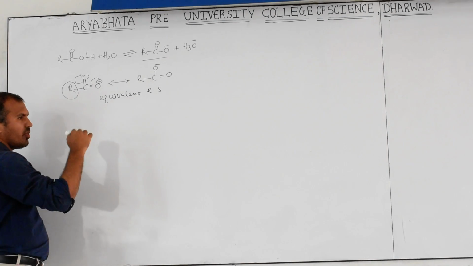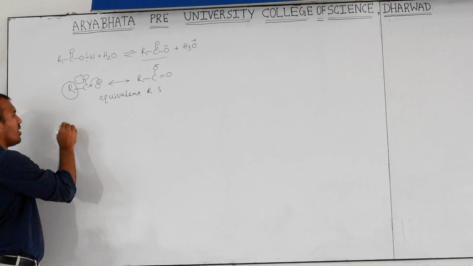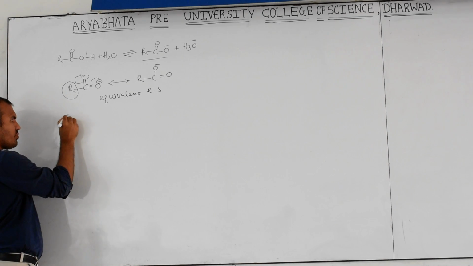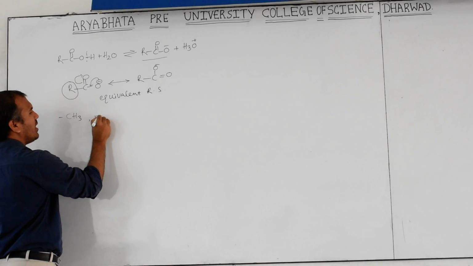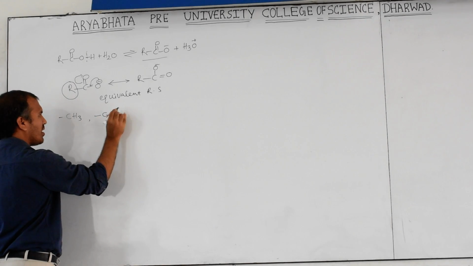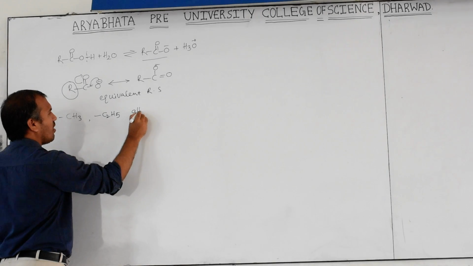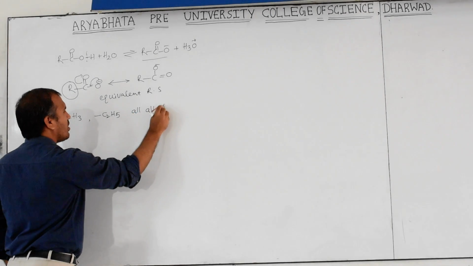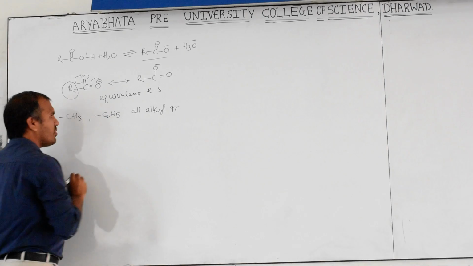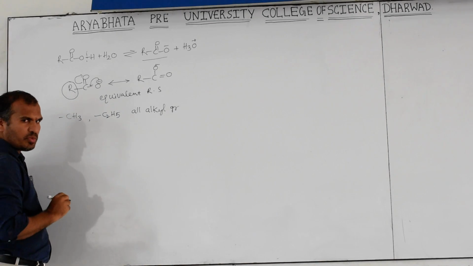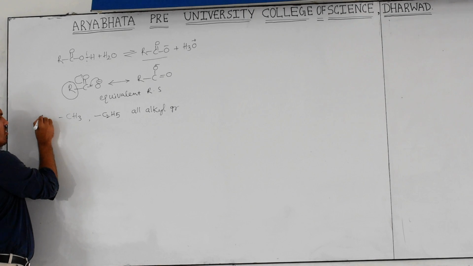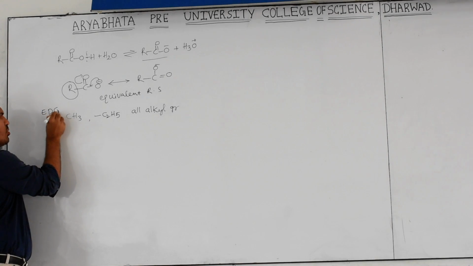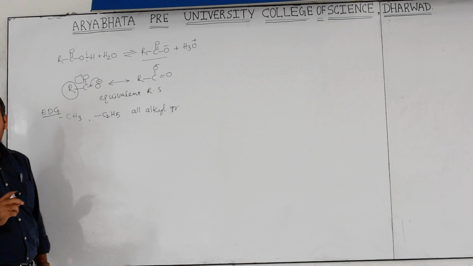So I will give you some donor groups and some withdrawing groups. CH3 and all alkyl groups are electron donor groups, EDG.